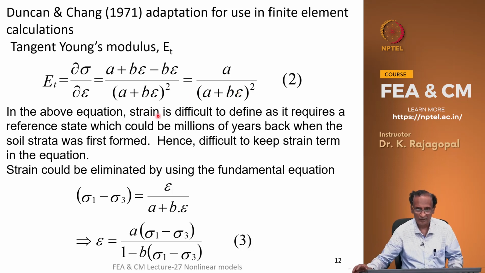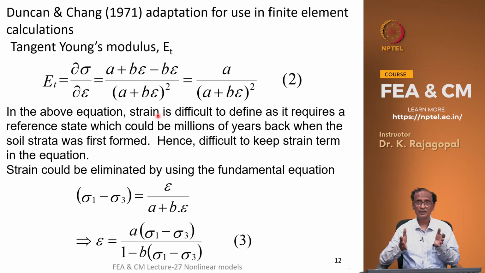But then, philosophically speaking, what is strain? For defining strain we require some initial state, and unless you know the initial length you cannot define strain. For a one-dimensional case, strain is the length minus the original length, divided by the original length.